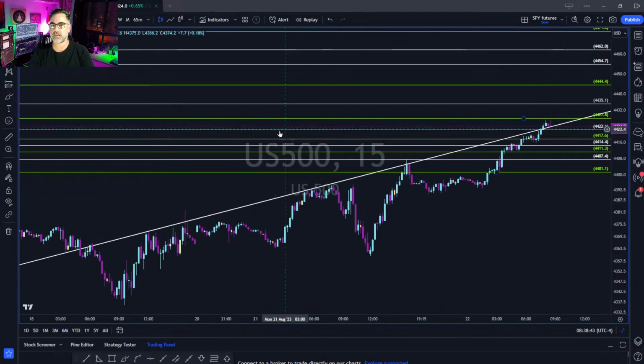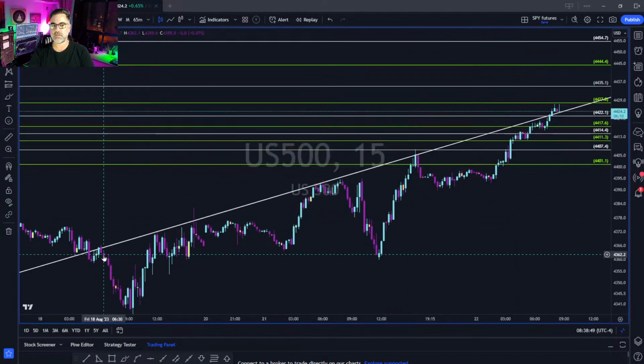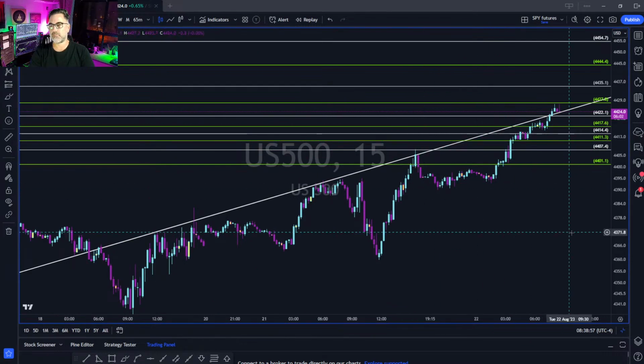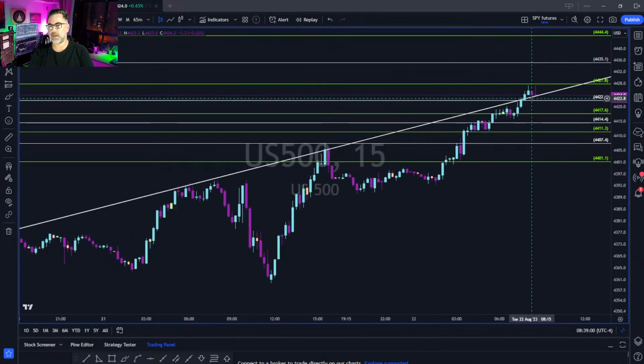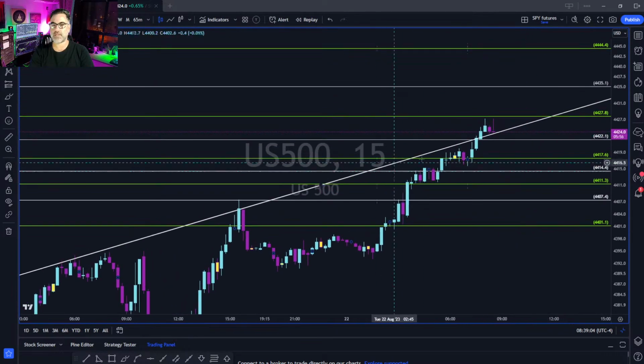But if you're day trading, 15 minutes on the futures, no gaps. And as you can see, we have this trend line that held the resistance for the higher highs since Friday, broke earlier today. Now this trend line needs to act as support.